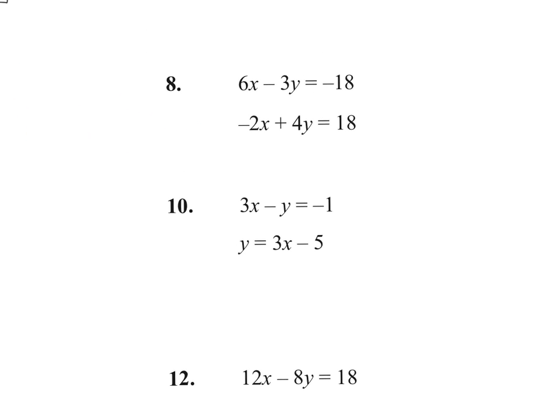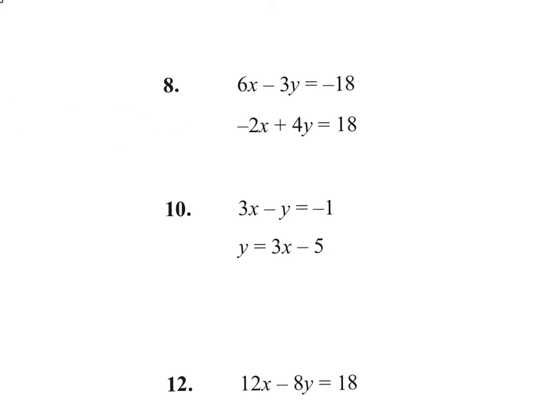So if you look at number 8 here, we don't have any of the same or opposite coefficients right now, but one of these equations can be multiplied by something to make it work with the other. So maybe you see this already. If we take this whole equation and we multiply by what? Multiply by 3, right?